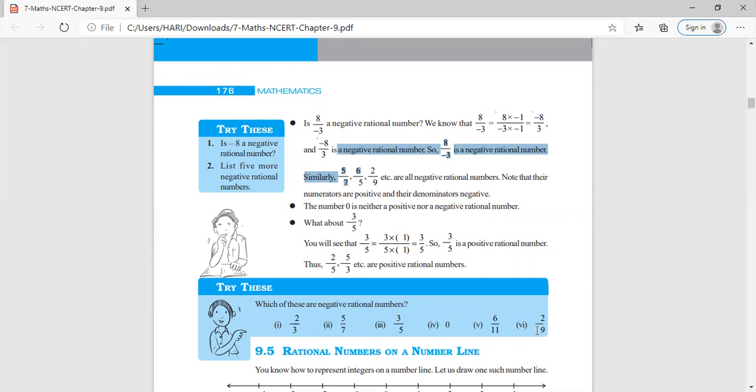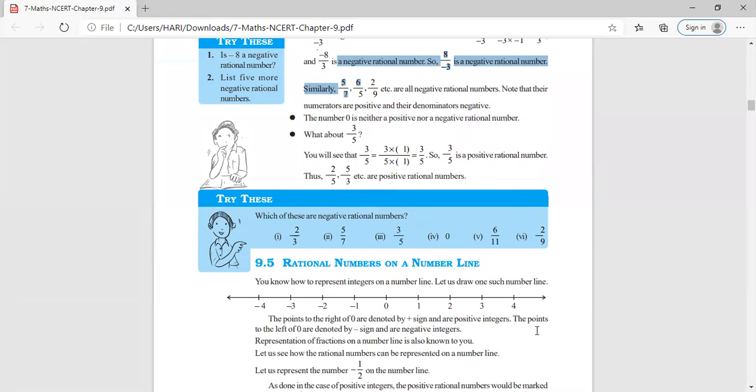Okay, children. Now we will see how to represent rational numbers on the number line. You have already learned how to represent integers on the number line. You know the integers include negative integers, 0 and positive integers. When we mark the integers on the number line, 2-3 things should be taken care of.